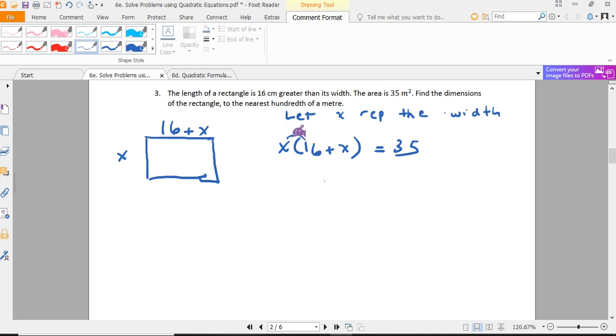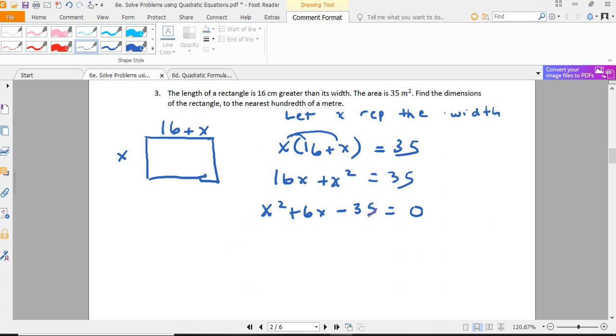Now let's expand this in. So again, we are asked to find x. So if that's the case, we can factor or use the quadratic formula. So 16x plus x squared equals 35. And then move them things around. So x squared plus 16x, move the 35, minus 35 equals 0.